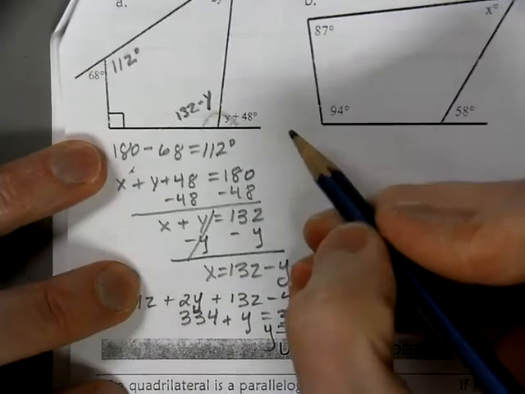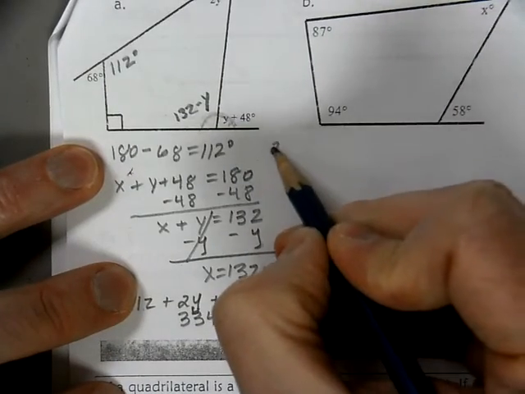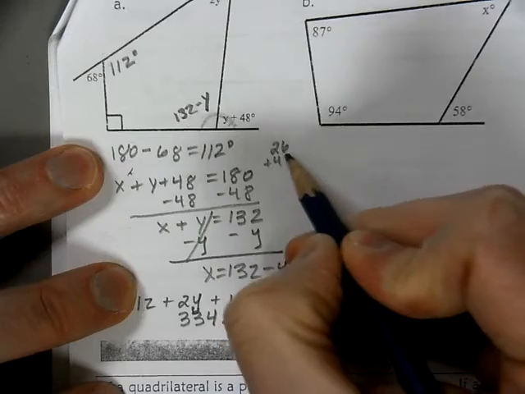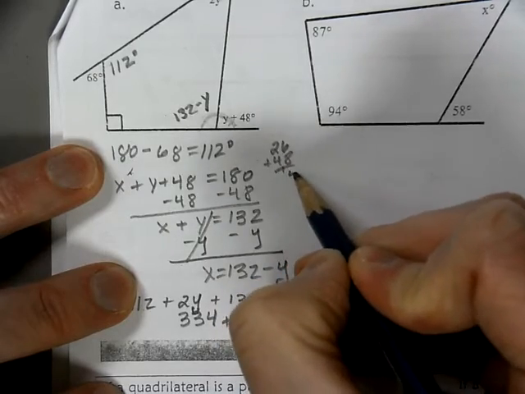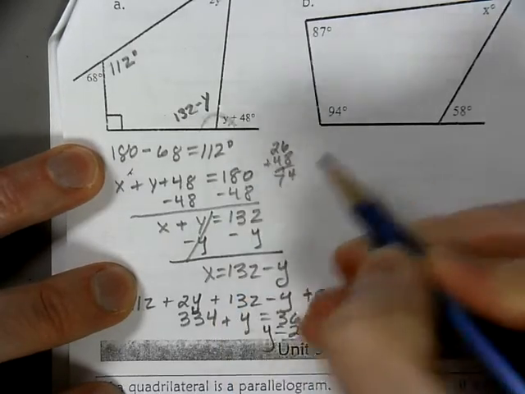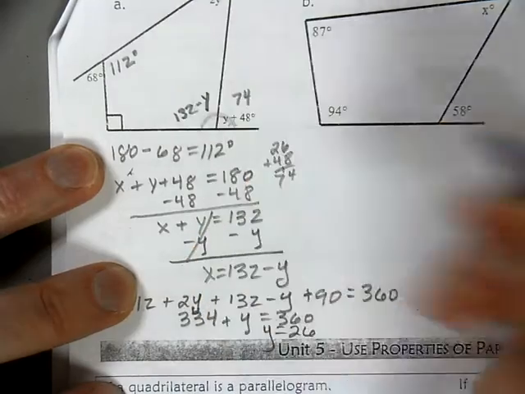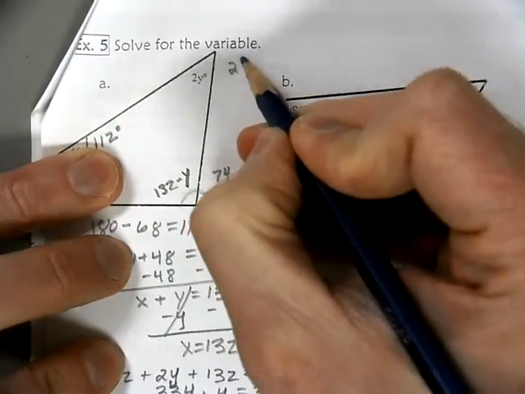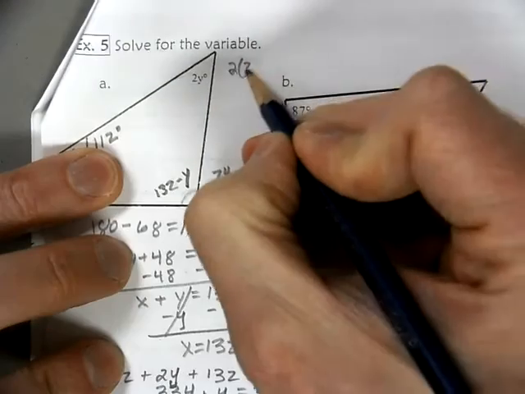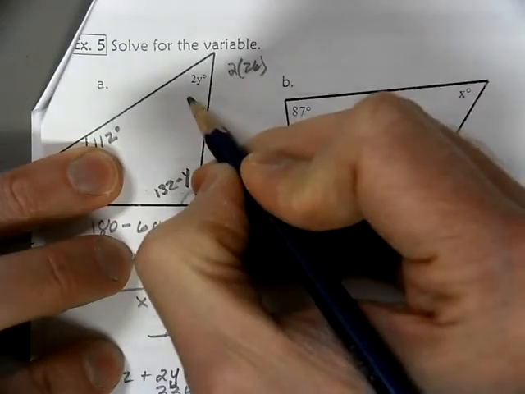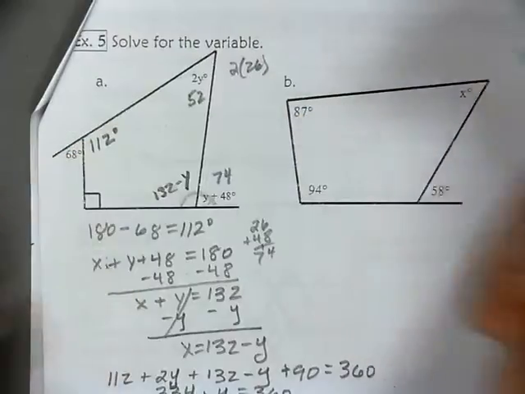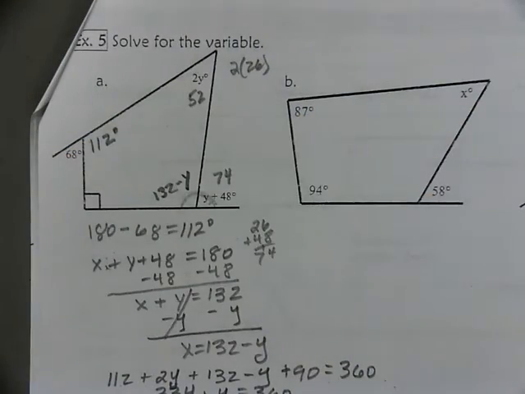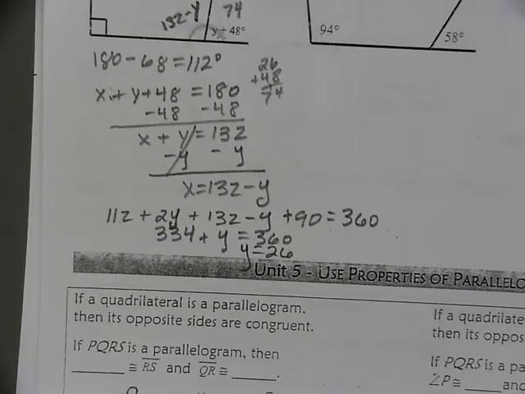So 26 plus 48 is 74. That's 74 degrees. And 2 times 26 leaves us at 52. But y is 26. Solve for the variable.